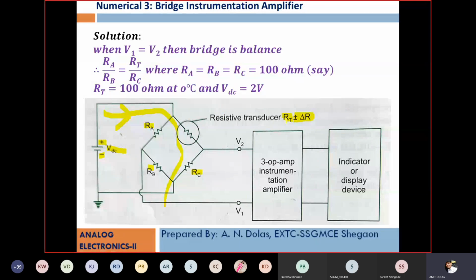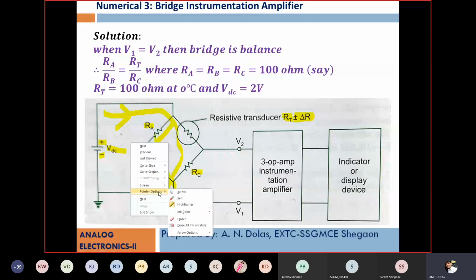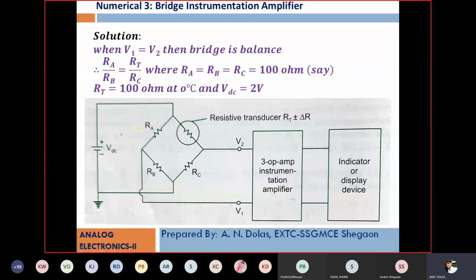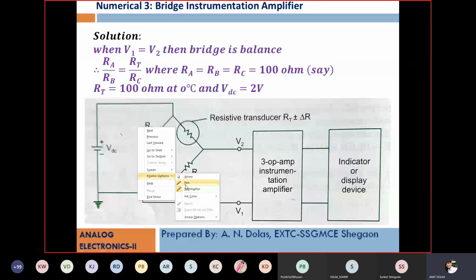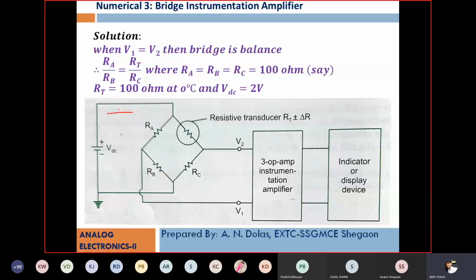So one current will pass through RT, and here it will be divided into two branches again, and one current will pass into RA. If the total current passing into this network is say 20 milliampere, you may take less than this because the sensor current is 10 milliampere here.